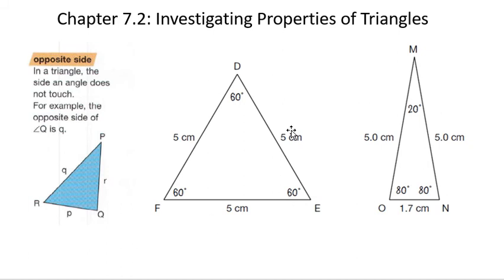Let's take a look here. All three of these sides of our triangle are 5 centimeters. That makes this an equilateral triangle. Any triangle that has all three sides exactly the same, an equilateral triangle, must have every angle inside that triangle at 60 degrees.